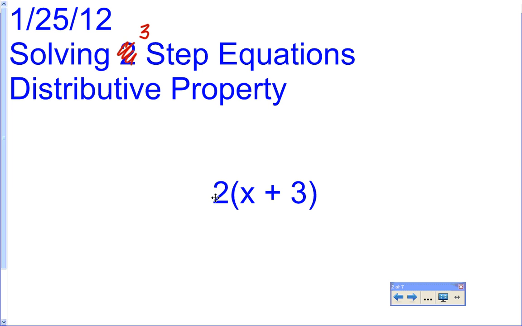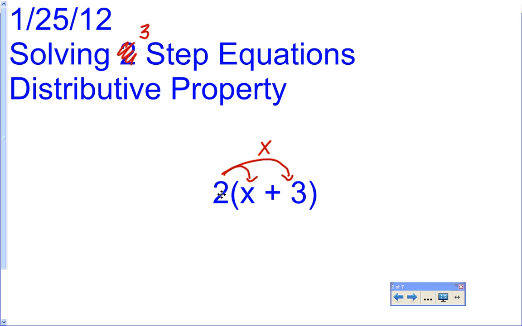So this means 2 times. So how are we going to distribute the 2 into the x and into the 3? We're going to do that using multiplication. Quite simply, all we're going to do is take x, multiply it times 2, and take 3 and multiply it times 2. Each item inside the parentheses will get multiplied by this number out here.